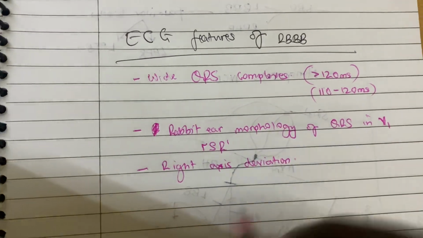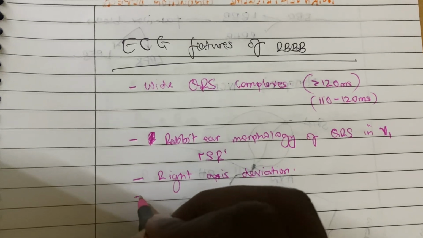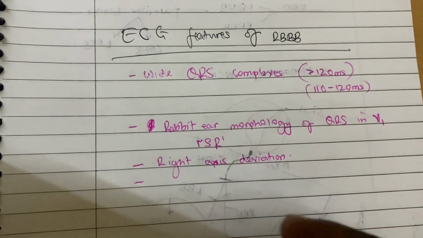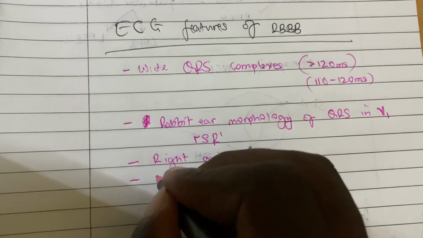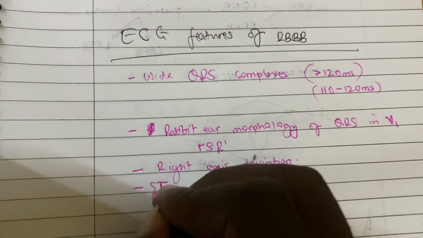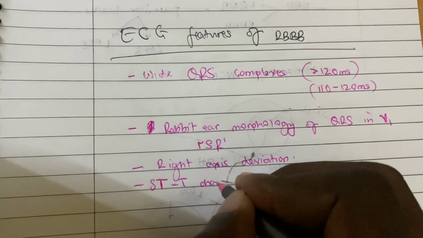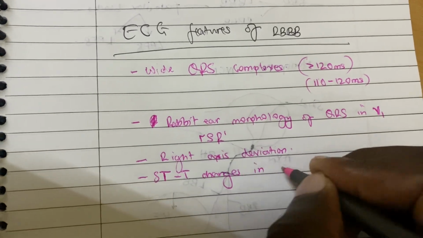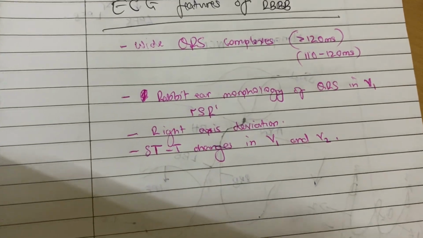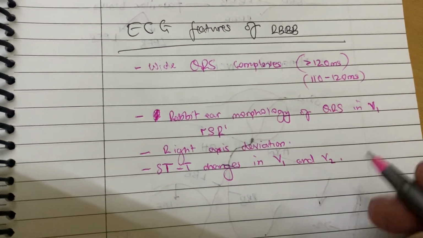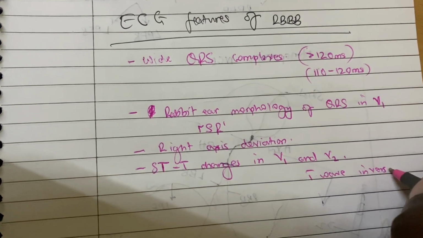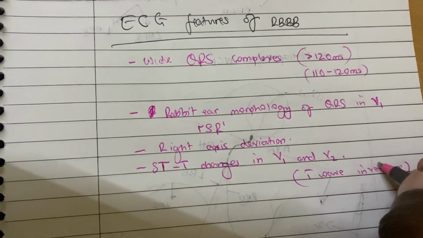Right axis deviation should be there. And then another one is ST or T changes in V1 and V2. Right bundle branch block can cause that. What are ST-T changes? That is T wave inversions in these leads.